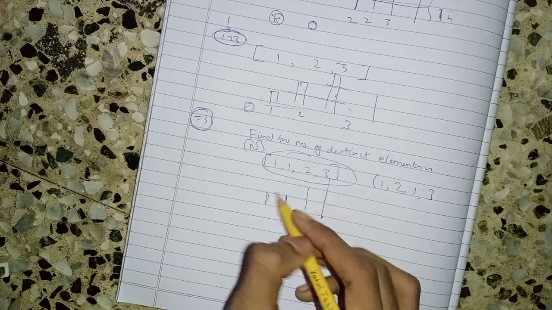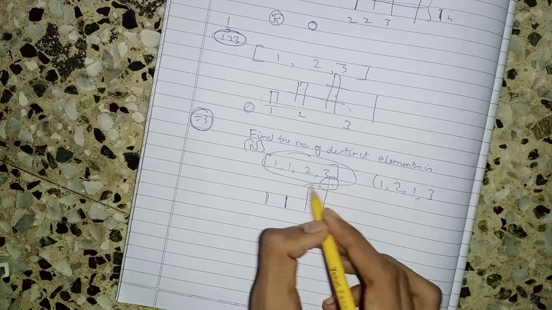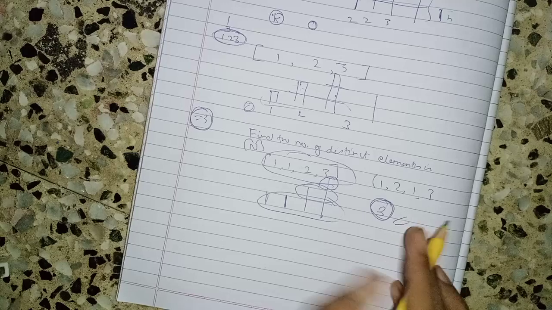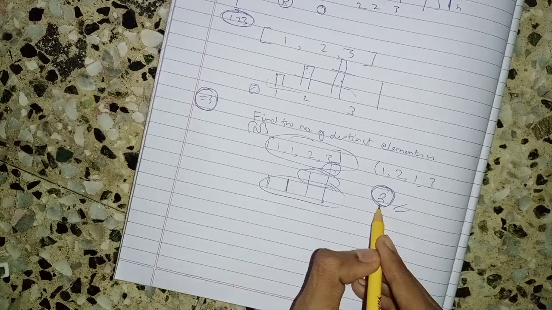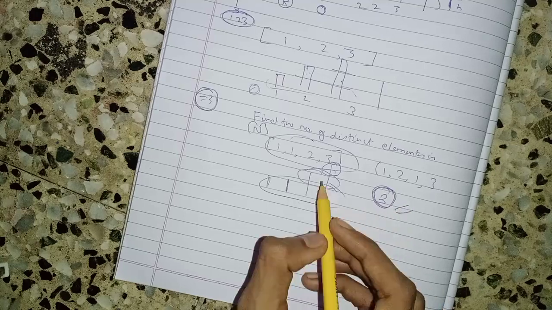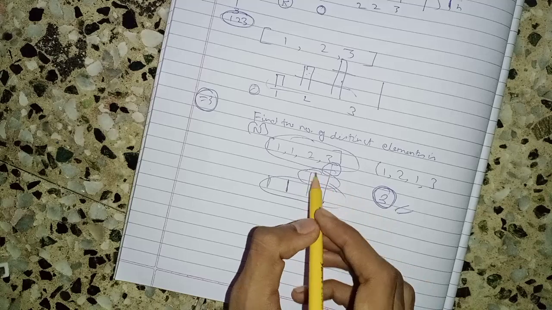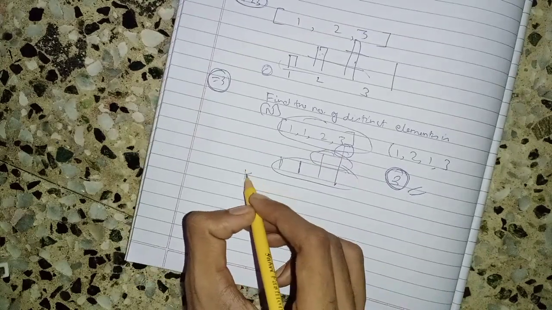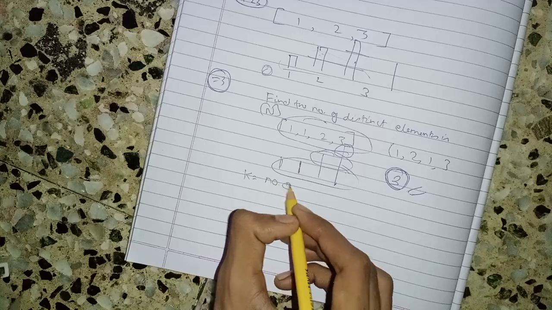For this question, I will cut this part first, then this part, and then this. So I will need a total of 3 attempts to cut everything. So our answer k is equal to the number of distinct elements.